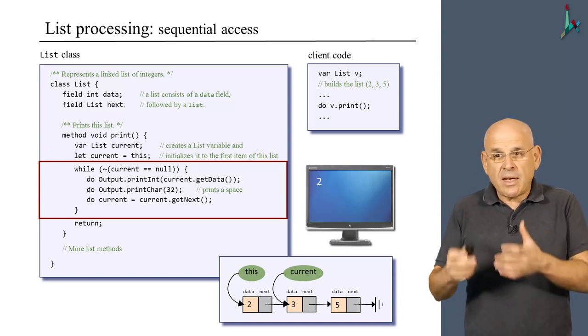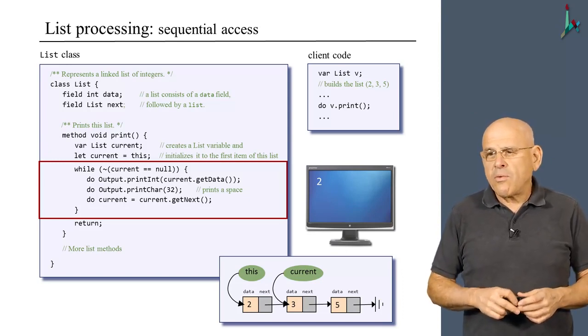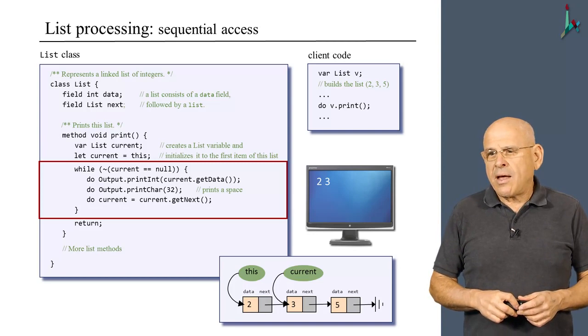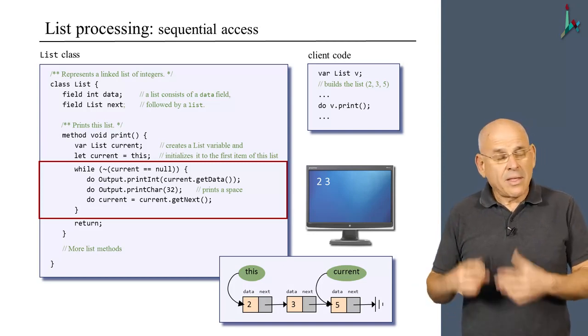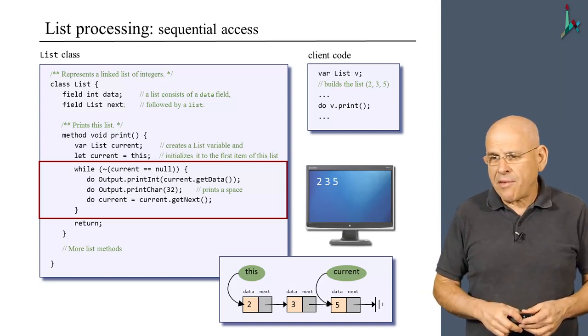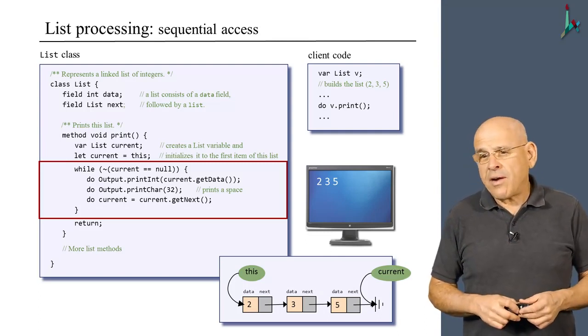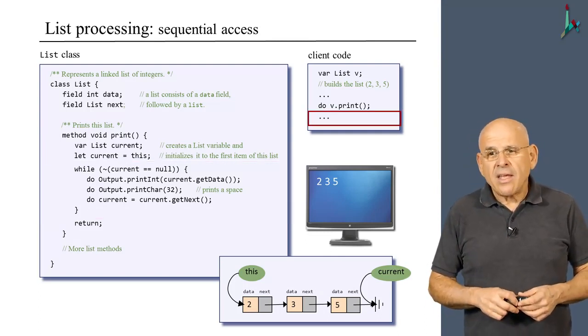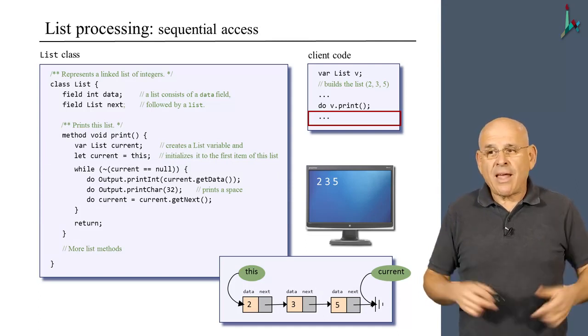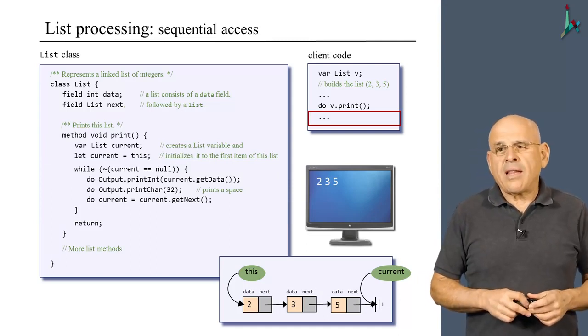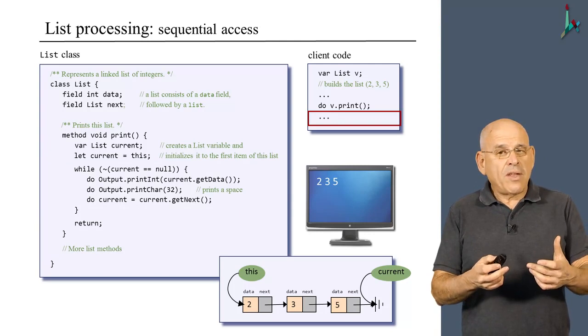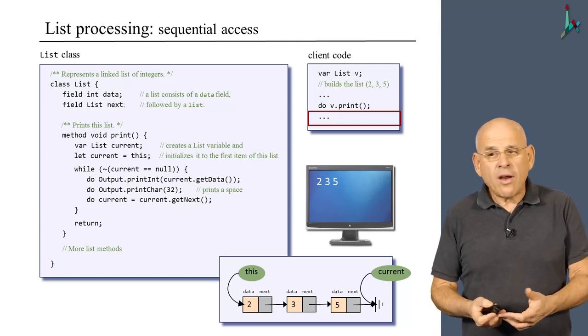Once again, we see that it's not null, so we print 3, and then we move it forward. It is still not null, so we print 5. We move it forward, and finally, current equals null, in which case we get out of the loop, and we find a return. We return to the calling code.